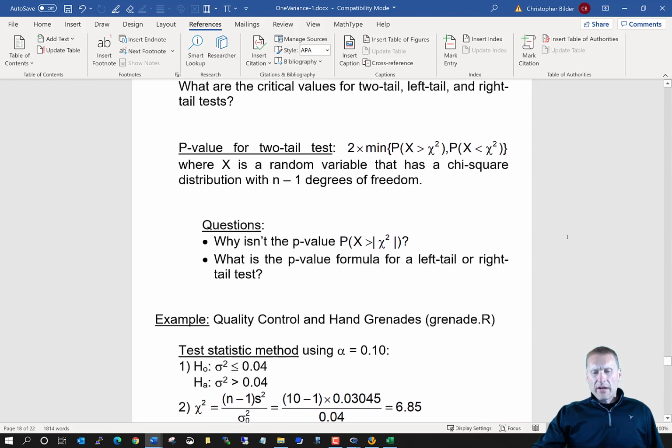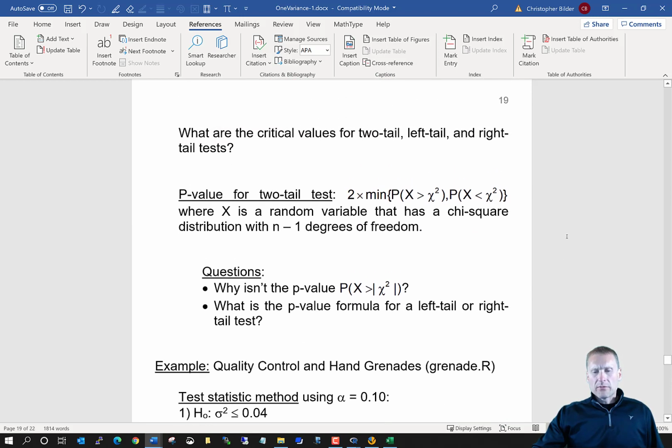What about a p-value now? Well, remember what a p-value is representing. It's a measure of how extreme the test statistic is relative to what you expect under the null hypothesis. In the past, what we've done is we've taken 2 times the probability, we'll put it in terms of the t distribution, that a random variable t is greater than the absolute value of the observed test statistic.